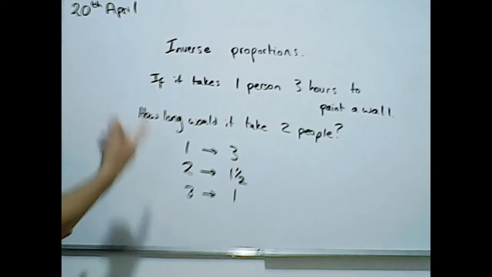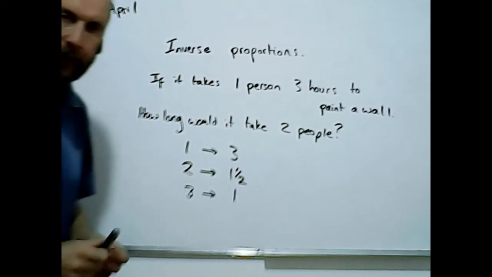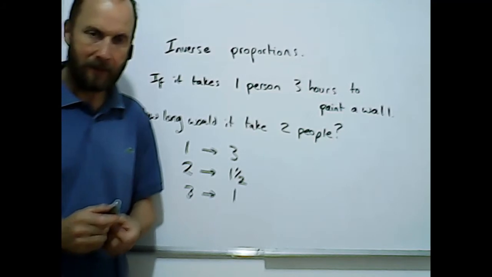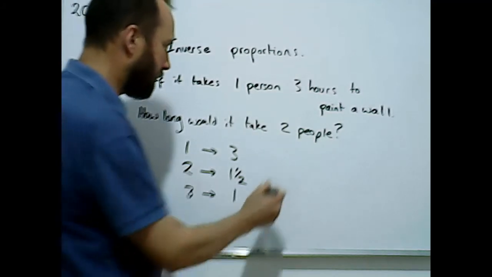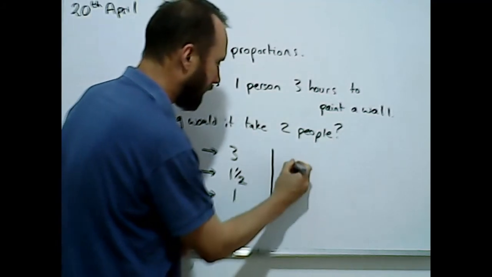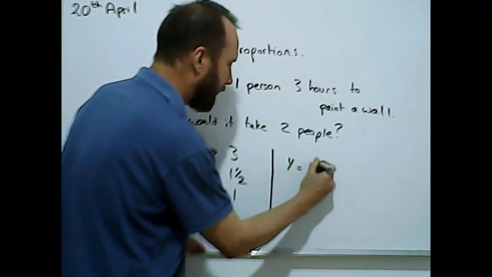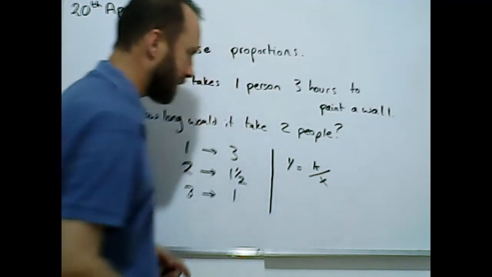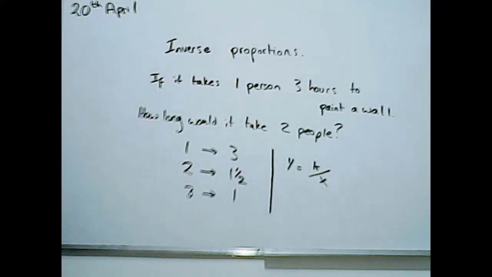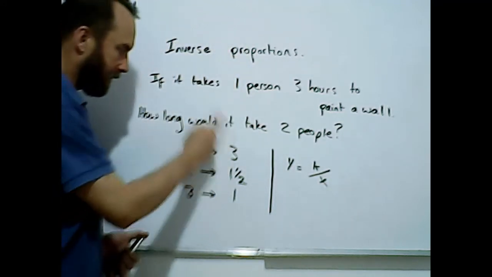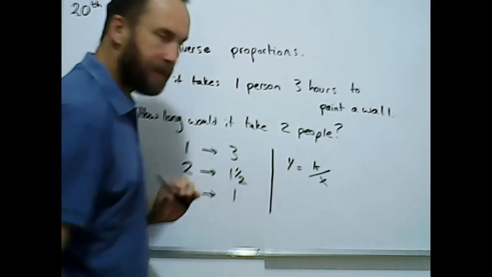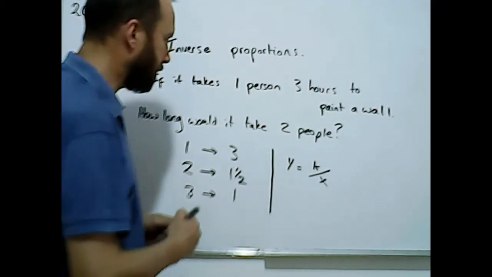Now, if direct proportion is y equals kx, for inverse proportions the formula is y equals k over x. So in this example we can just put our numbers in the same as we did with the direct proportions.